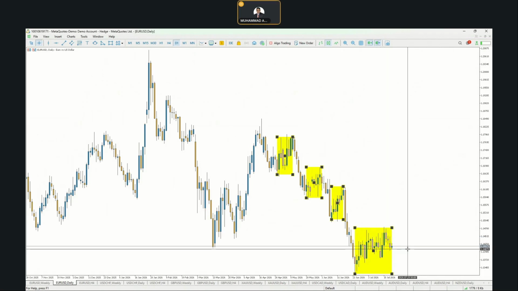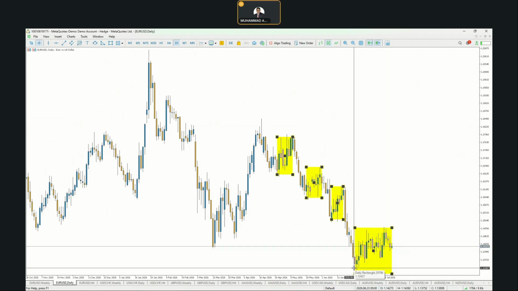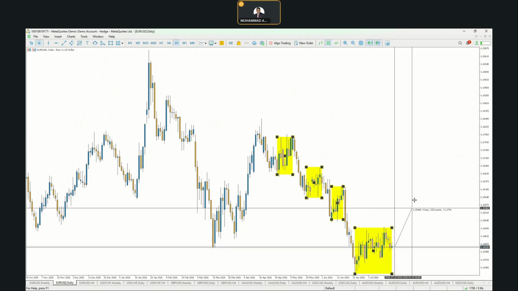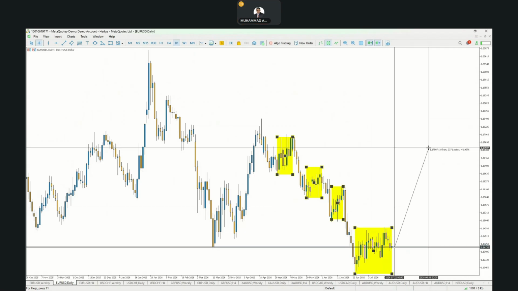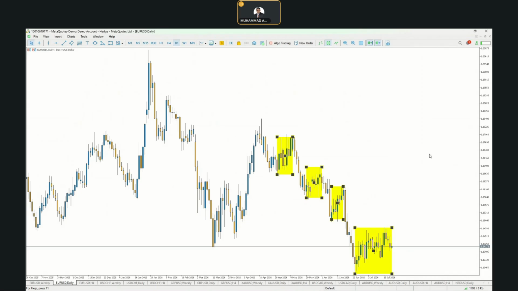But this time it looks a bit different. And why is that? Because it's taking so much time to complete this pullback. Or on second thought, maybe this is not a pullback. Maybe this is the beginning of a short-term bullish reversal in price action of the euro dollar currency pair.